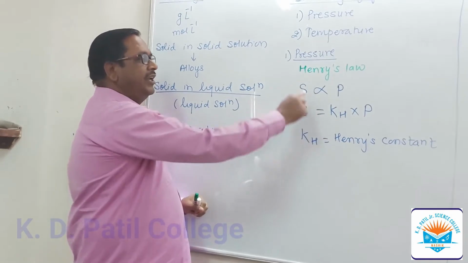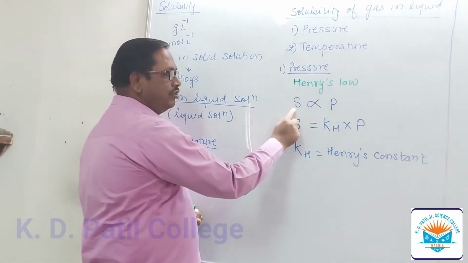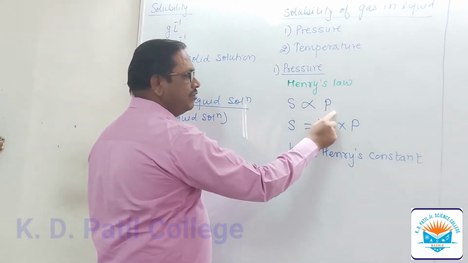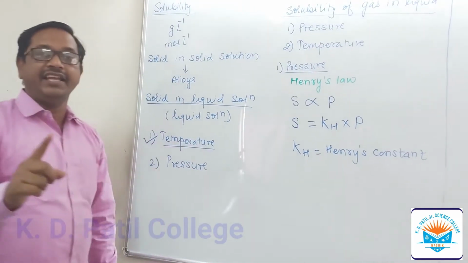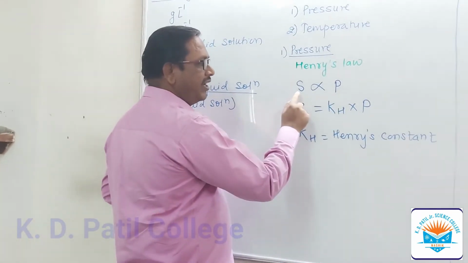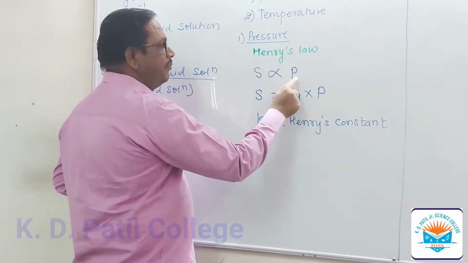Therefore Henry's law states that the solubility of gas in liquid is directly proportional to the pressure of gas at any constant temperature, where S is the solubility and P is the pressure.